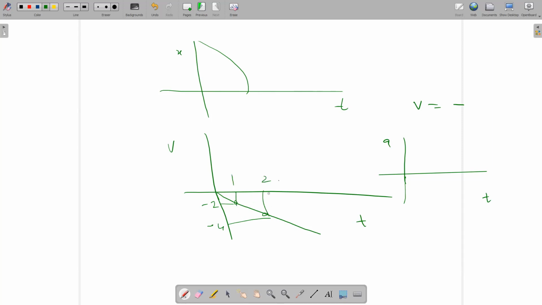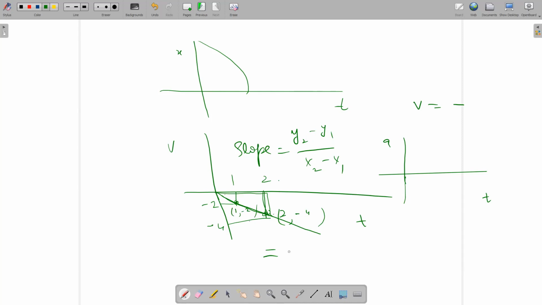If you find the slope of this one and this one, what will be the answer? Slope was what? y2 minus y1 over x2 minus x1. This is the formula of the slope. So if you take this point, what is this point? This is 2 over -4. And what is this point? This point is 1 over -2. Now find the slope.